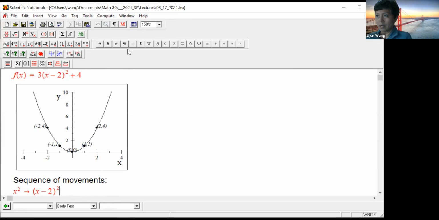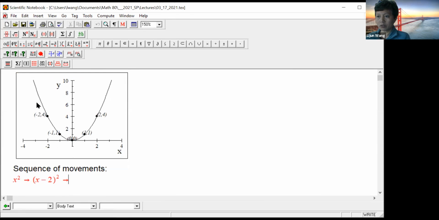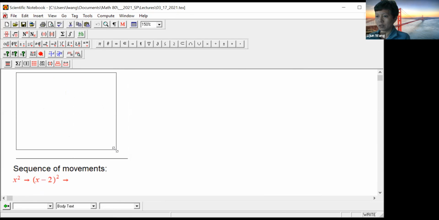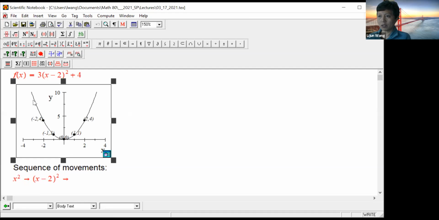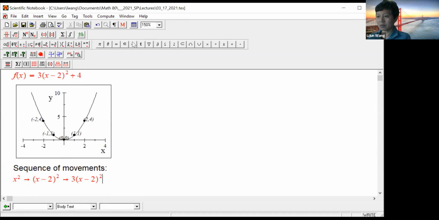Hold on a second, I need that original function there. From here, we're going to do this 3 times. And after 3 times, we'll get to the whole thing.